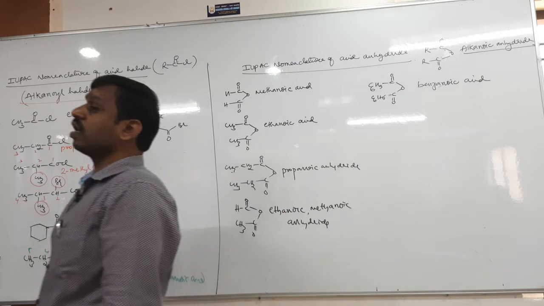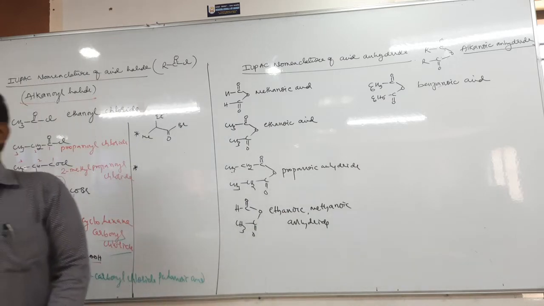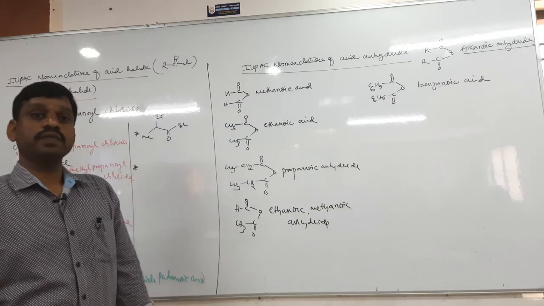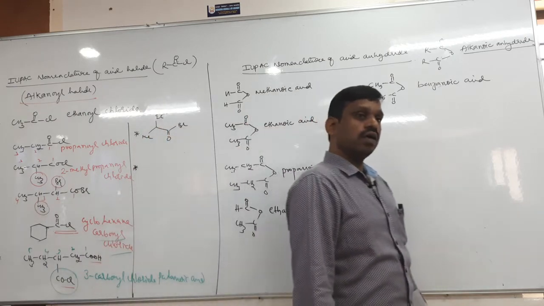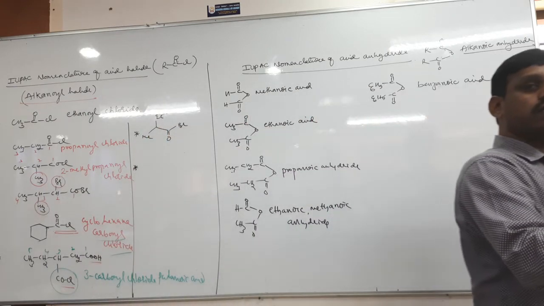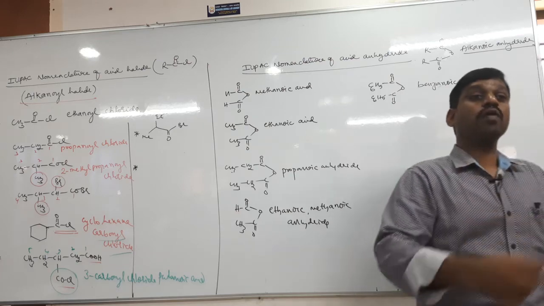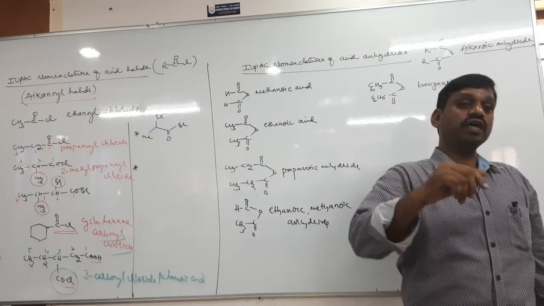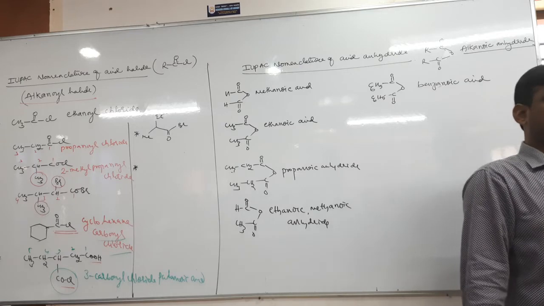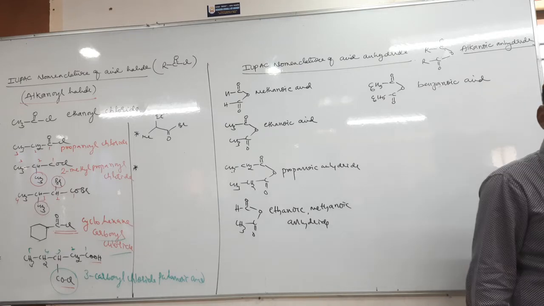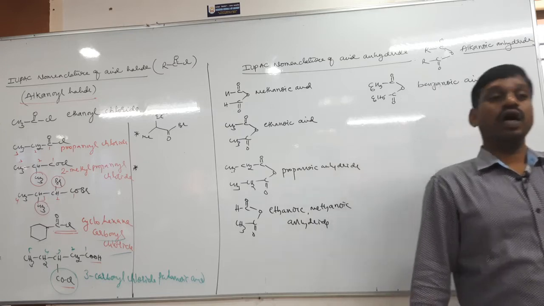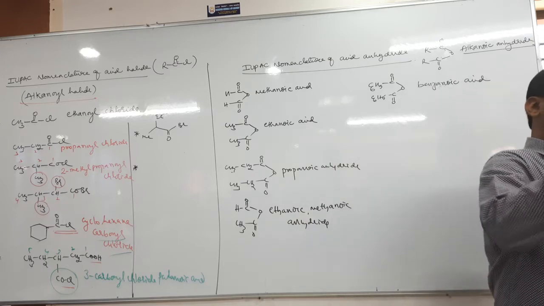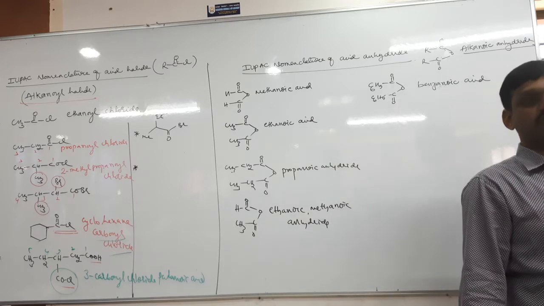Alkyl alkanoate. If alkyl alkanoate is not possible, alkyl alkane carboxylate. Next, third one is amide. What is the IUPAC name of amide? Alkanamide. If alkanamide is not possible, carboxamide.